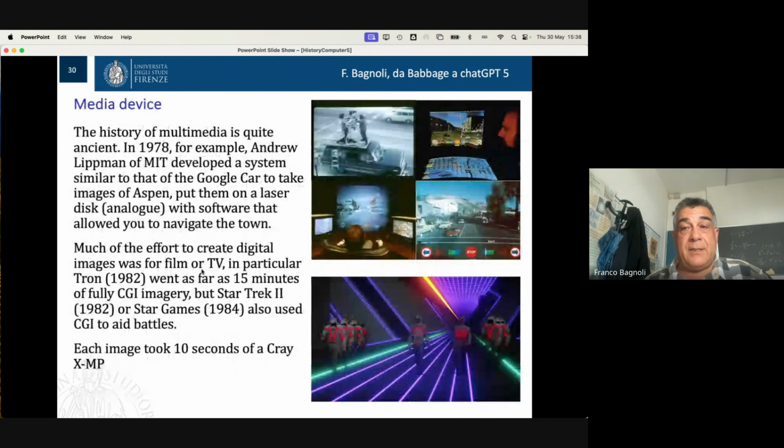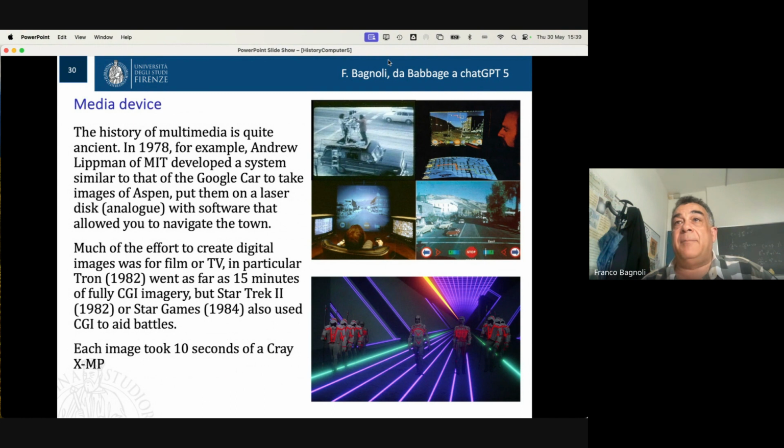And so clearly, now with the new power, we are still jumping up and down in time in order to cover the development of a given technology. For instance, videos are not new. They did not appear in the 90s and 2000s. In 78, for instance, MIT developed something which is essentially Google Maps.